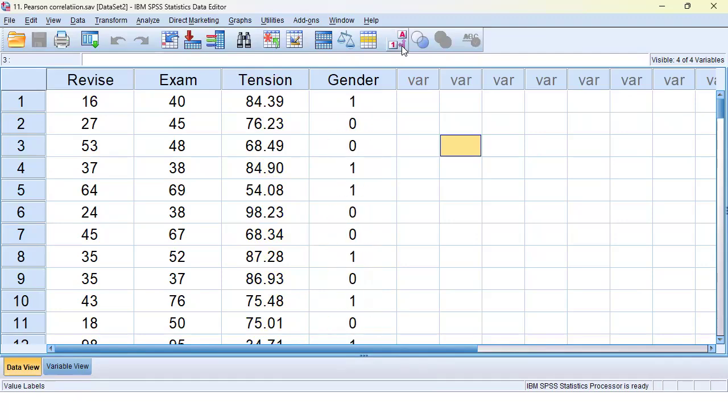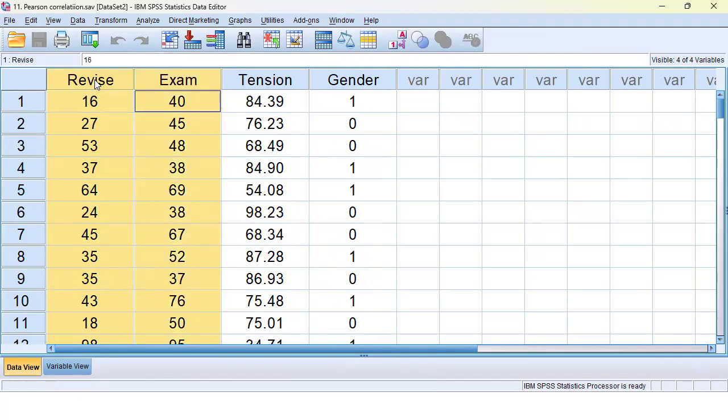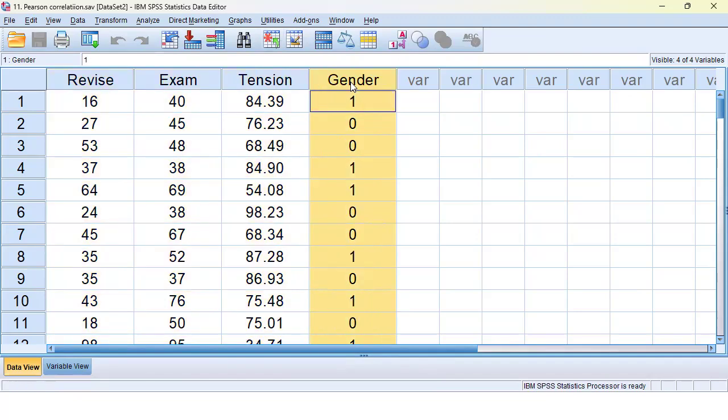Coding 1 for male and 0 means female. So here there are four variables: three are continuous variables, and the fourth is the categorical variable.